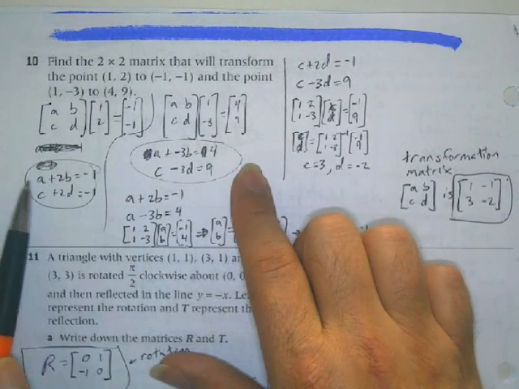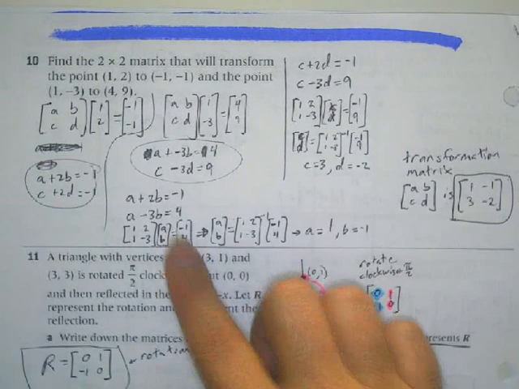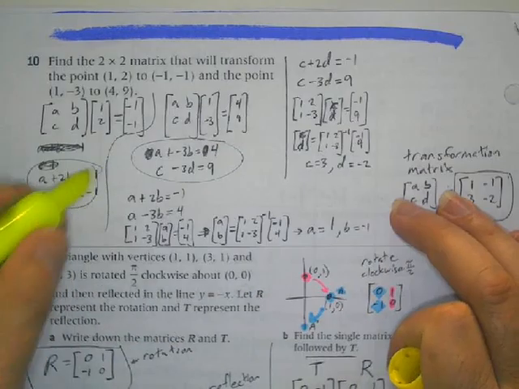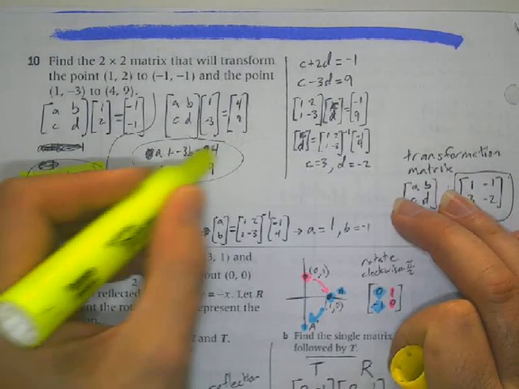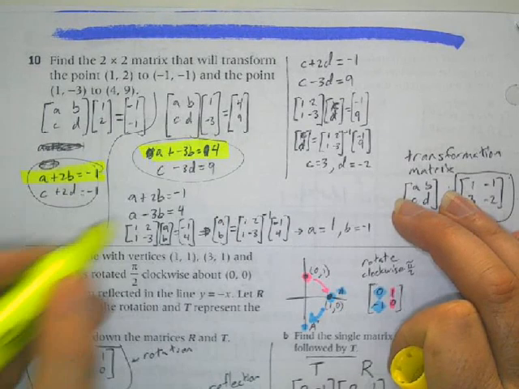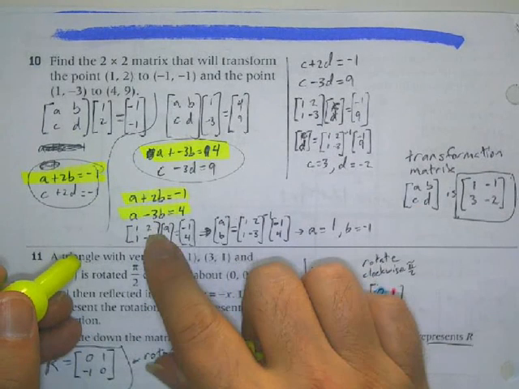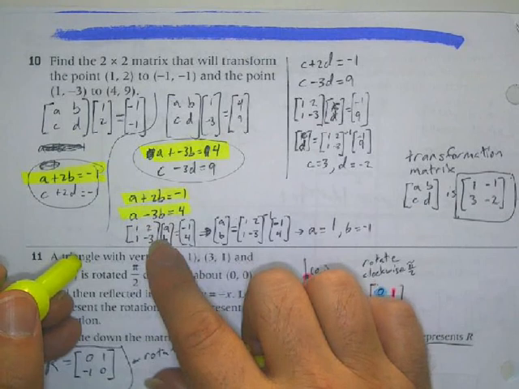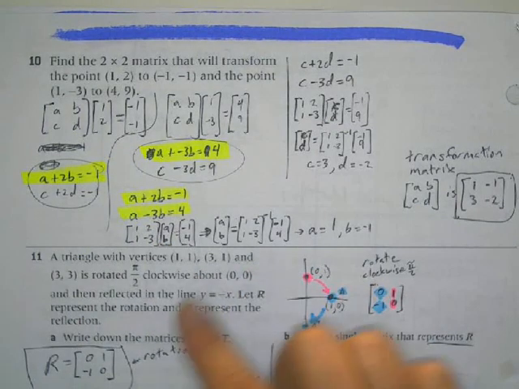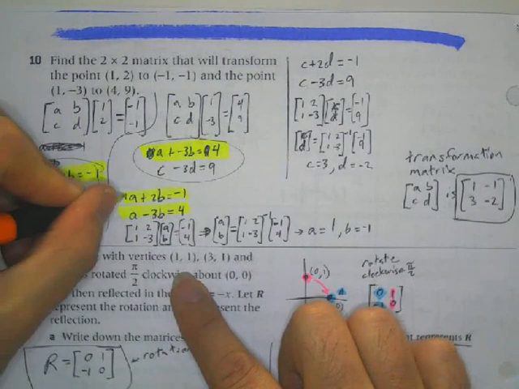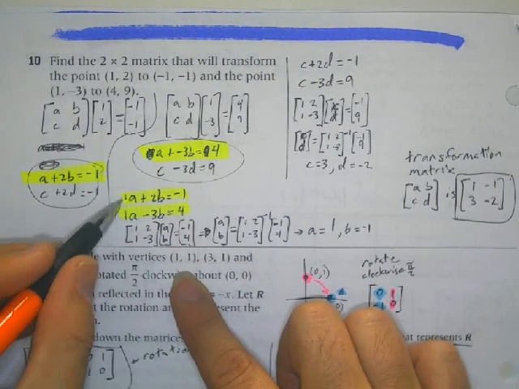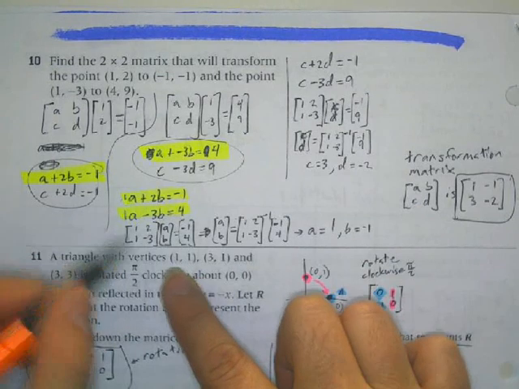So if I take this first row and this first row, I can use them together in order to figure out A and B. So I take the coefficients here. My coefficients are 1, 2, 1, negative 3, right?